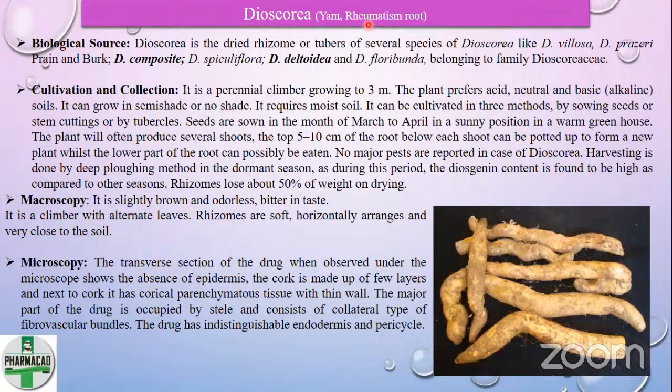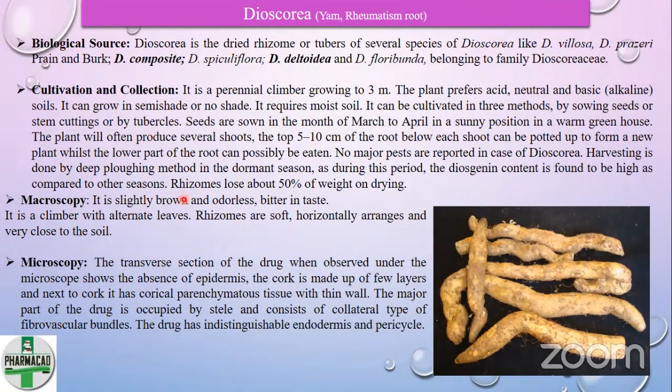It is known as yam or rheumatism root. It's a perennial climber growing to 3 meters. The plant prefers acid, neutral, and alkaline soils. It can grow in shade or semi-shade and requires moist soil. It can be cultivated by 3 methods: by sowing seeds, stem cuttings, or by tubercles.